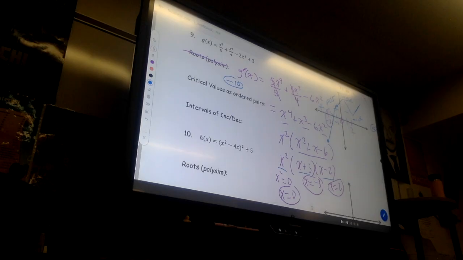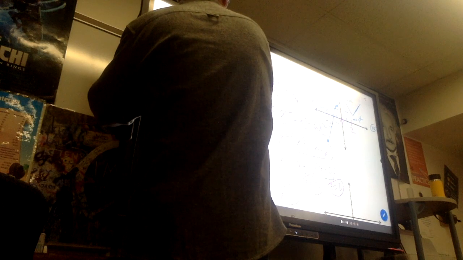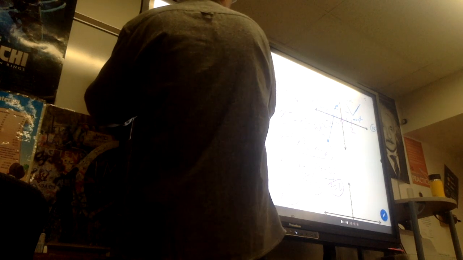So critical values as ordered pairs. Let's see, I could figure out our point of inflection by plugging negative 3 in. So that's going to give me 9, 0, and 1, or negative 5. So that's going to give me 0 as our point of inflection.